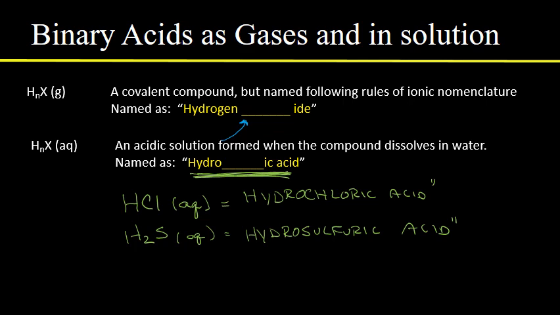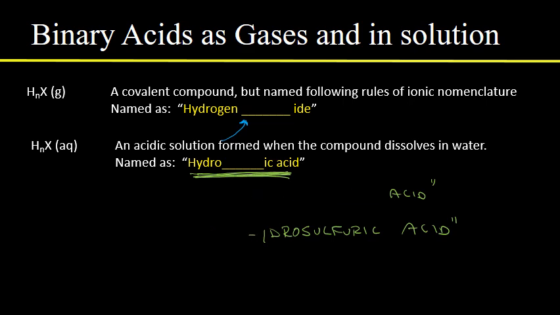These are made from the simple anions on the right-hand side of the table, the nonmetals. But really, it's almost only the halogens and sulfur, of course, as we just did an example.